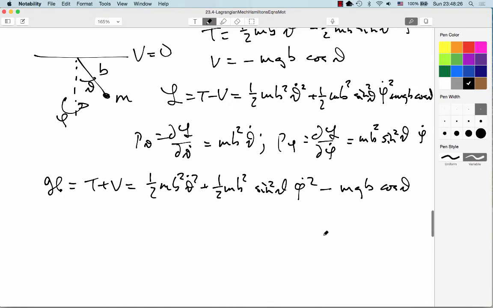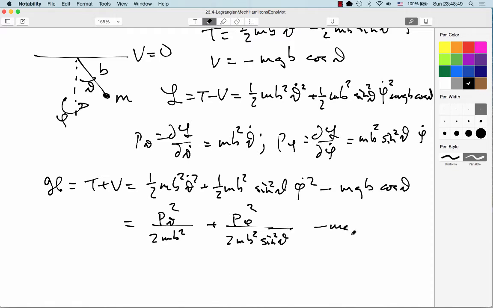And then we need to rewrite this in terms of the canonical momenta. So that will work out to be p theta squared over 2 m b squared plus p phi squared over 2 m b squared sine squared theta minus m g b cos theta.